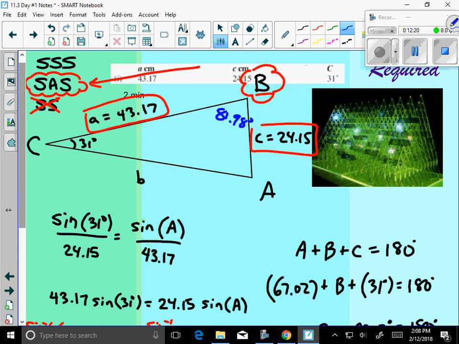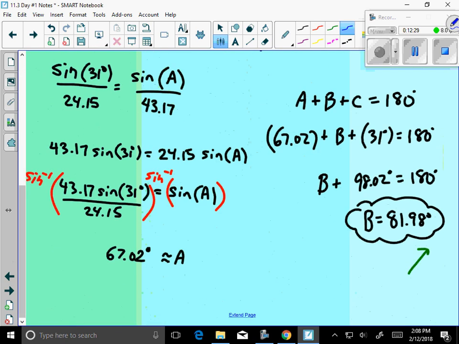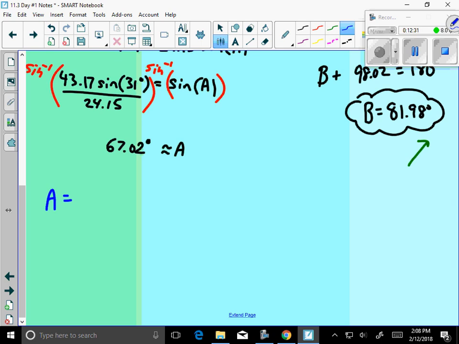I have side, side with the angle in between, and I can find the area. Let's go ahead and execute that right now. So the area of this triangle will be 1/2 side. What was the other side? 43.17 times the sine of the angle in between, 81.98.